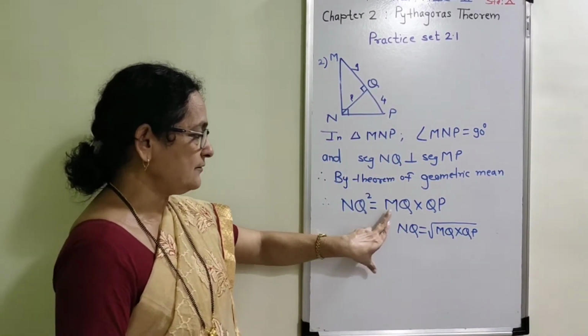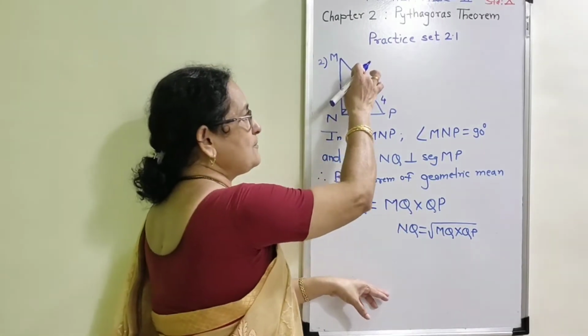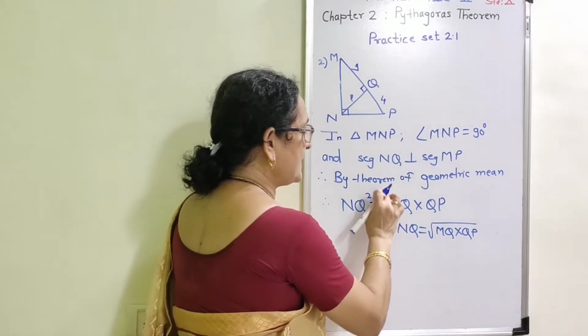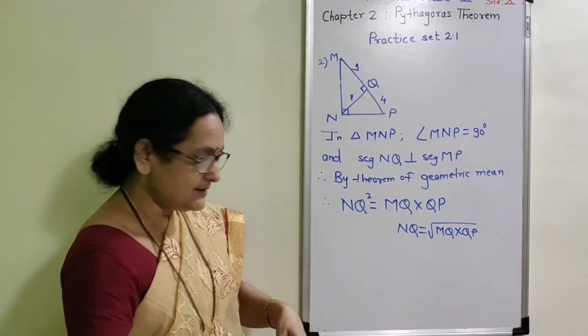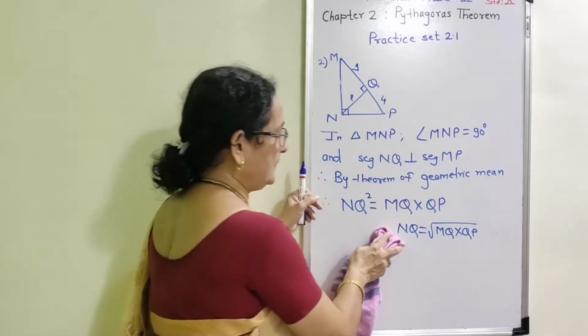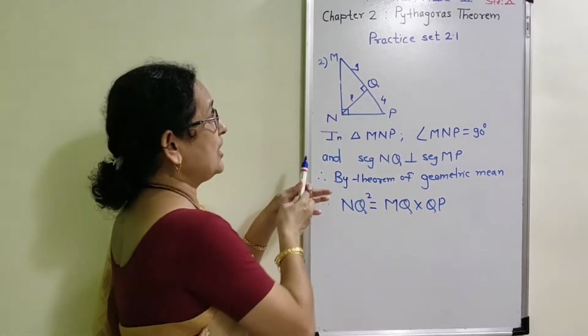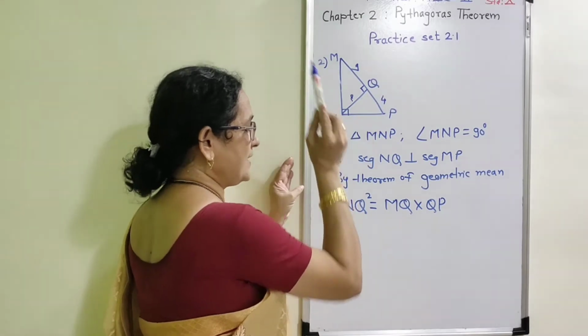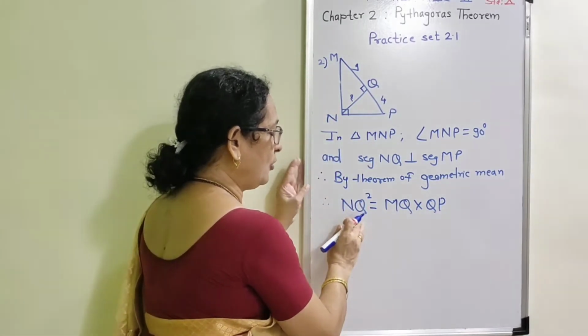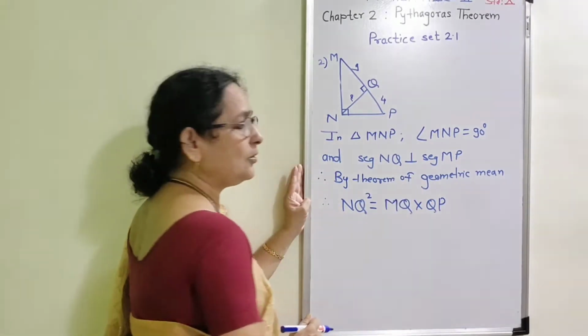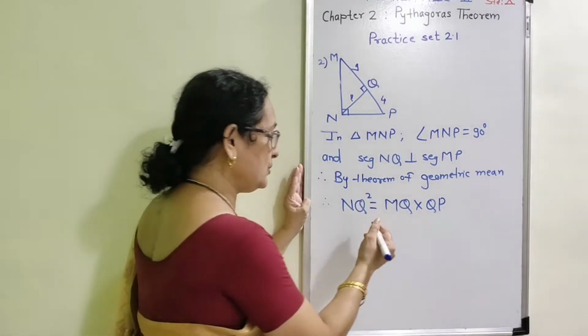NQ square is equal to the multiplication of two parts MQ and QP, or NQ is equal to square root of this. I suggest that generally they will give you lengths which are always perfect squares, and therefore write down on the left hand side NQ square is equal to MQ into QP.